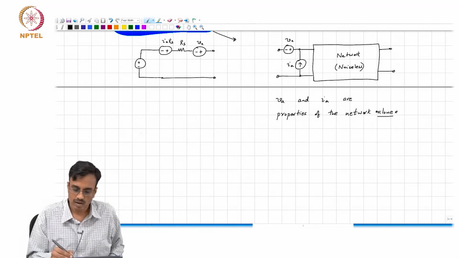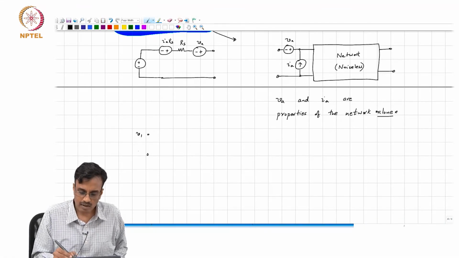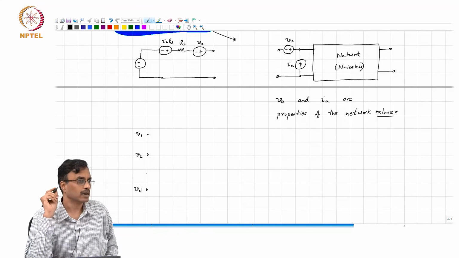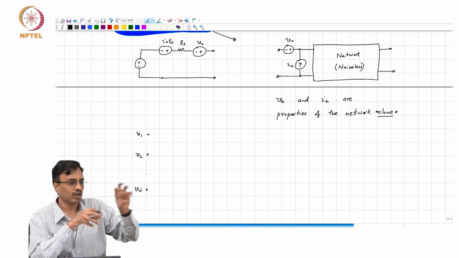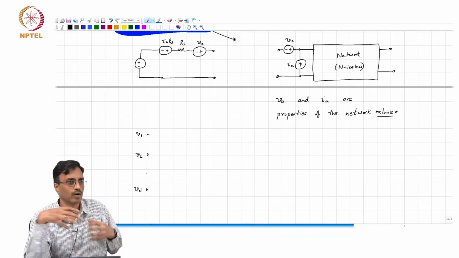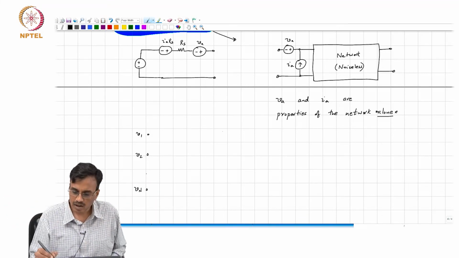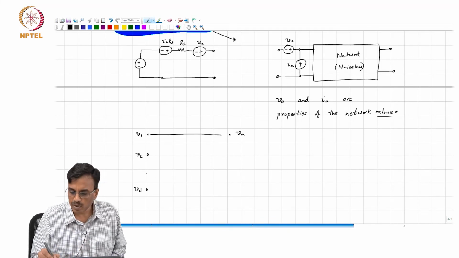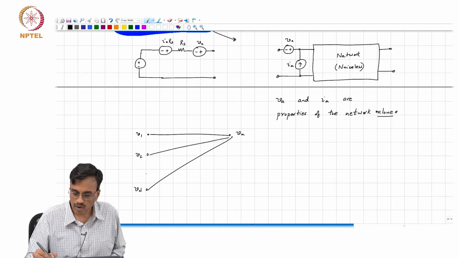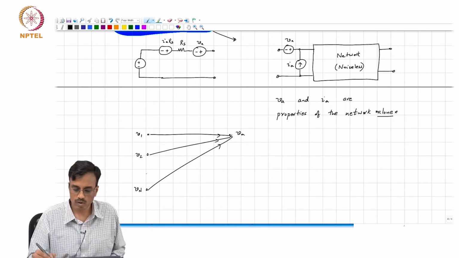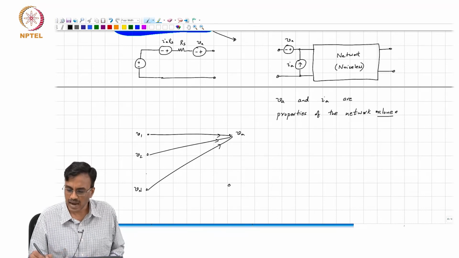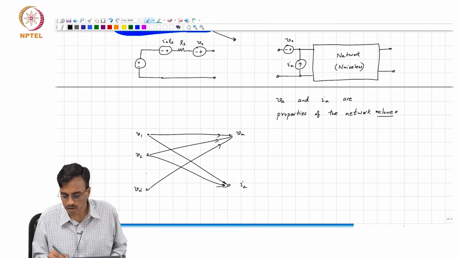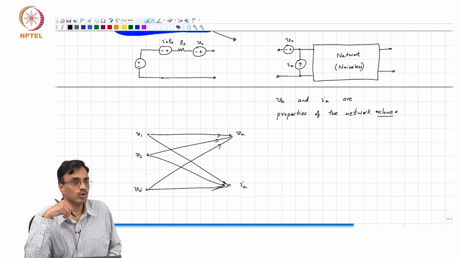Well, remember that V1, V2, blah blah blah, Vn, are they independent or dependent? They are generally independent, because they are all noise from different resistors or different transistors. They do not know what is going on in the other transistor. But Va is some linear combination of V1 through Vn. Ia is some other linear combination of V1 through Vn.